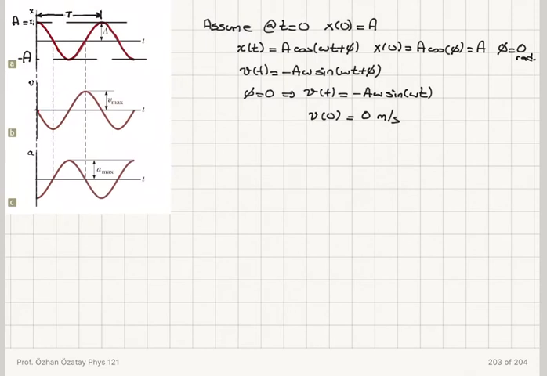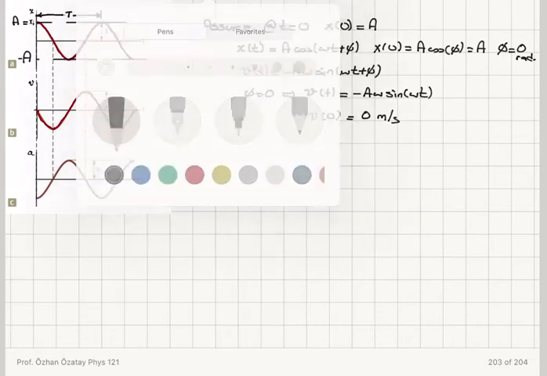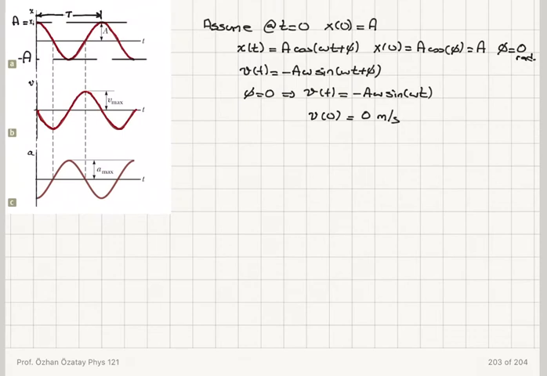It's going to be equal to 0 meters per second. So my oscillation in the velocity starts from 0, and then as time goes by, I go to more negative values. So I reach minus maximum velocity.